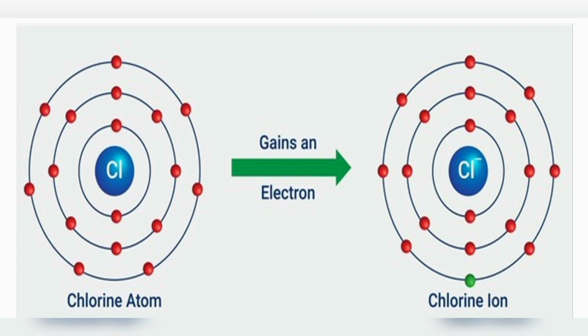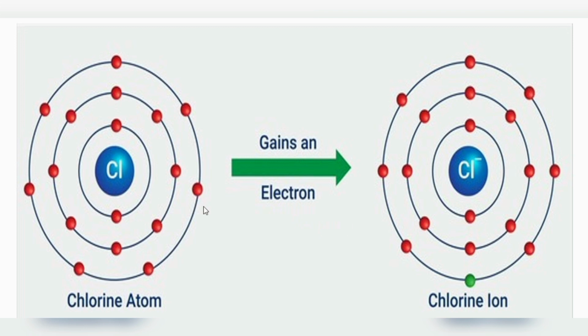So from the diagram below, we can see that we have the chlorine atom here. The first shell is taking 2 electrons, the second taking 8, making 10, and the last one taking 7, making 17. So chlorine gains 1 electron. You see the electron here that's indicated by green color.